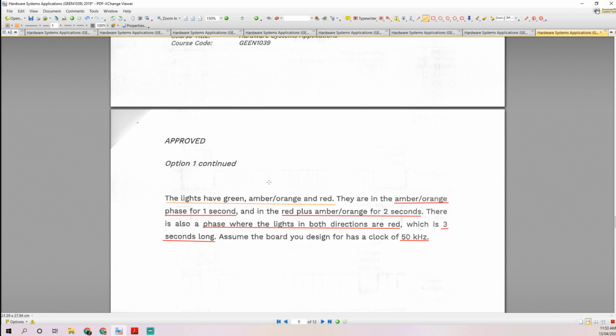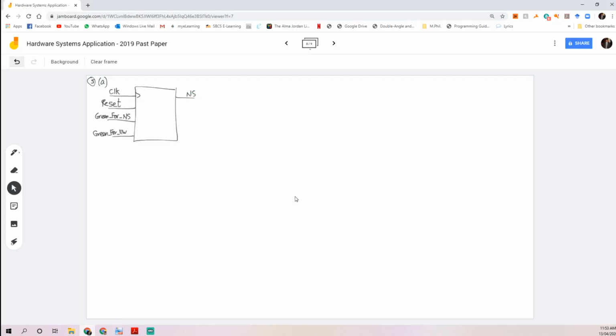Okay, so let's go back to the diagram here. We are going to have a signal called north-south green for the green light for the north-south traffic lights. We're going to have north-south amber or orange. We're going to have north-south red. We're also going to have east-west green, amber, and red.